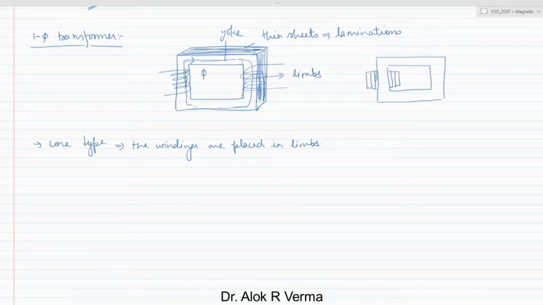So this is basically insulation, and this is the low voltage winding and this is the high voltage winding. This is HV and this is LV. So this is basically around the core. So this is a core type transformer.